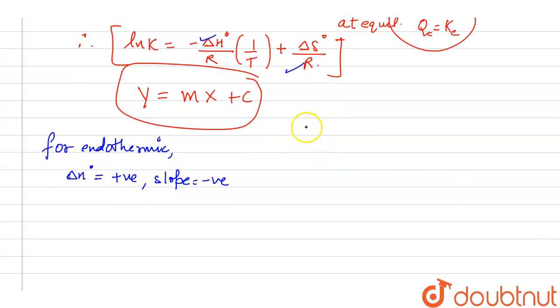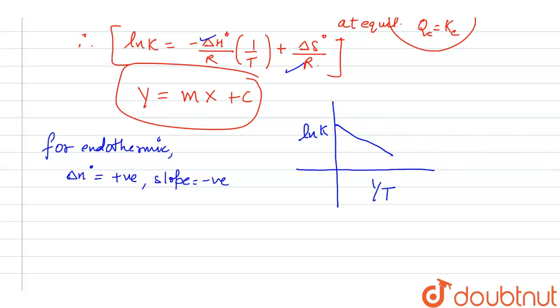So if I draw the graph for this case, here ln k versus 1 by T. So the slope will be negative in this case, and a straight line will be drawn like this.